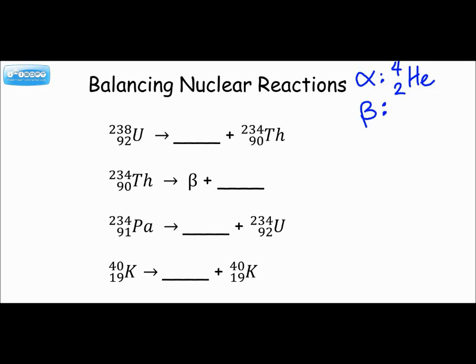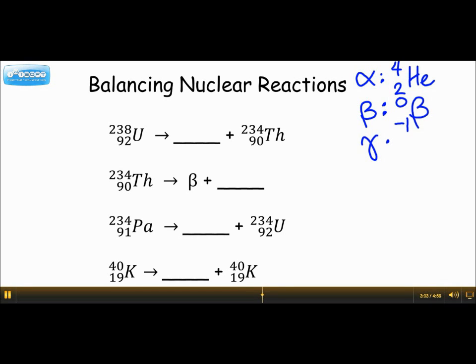So for beta, the beta particle changes the neutron to a proton, which means we're losing a proton as a beta particle, but there is no change to the mass or the weight. The weight does not change, but what happens is this beta particle is essentially losing a proton.